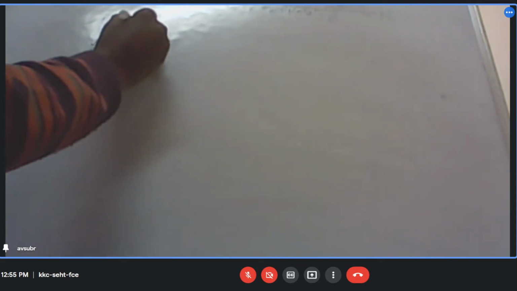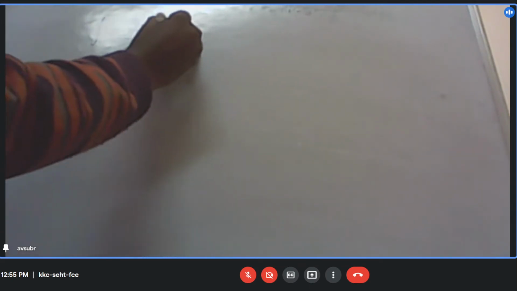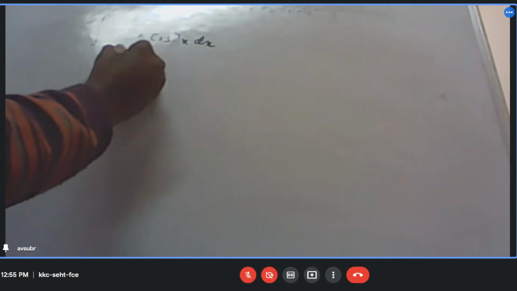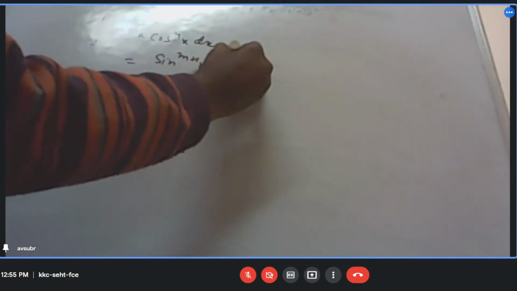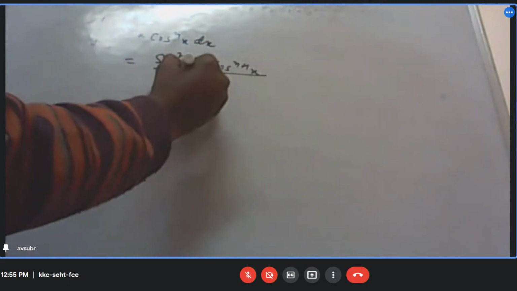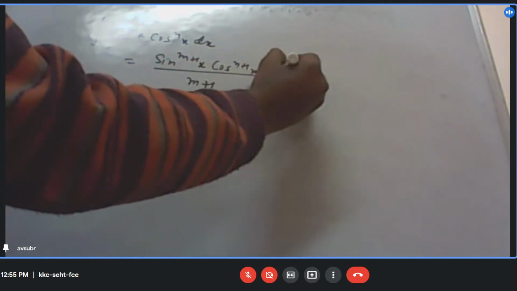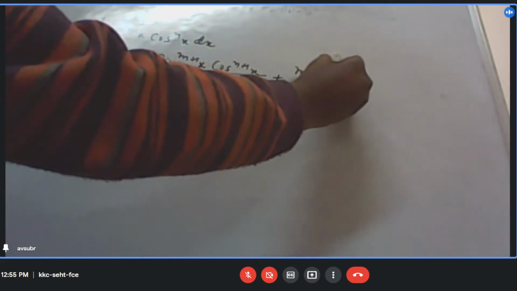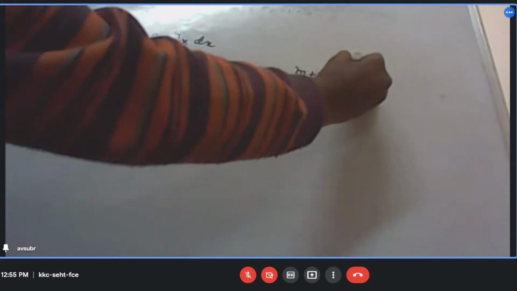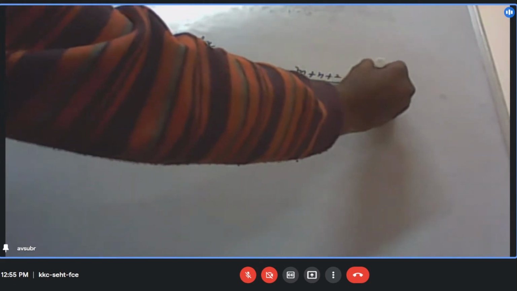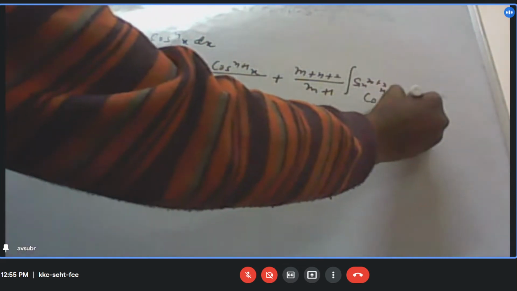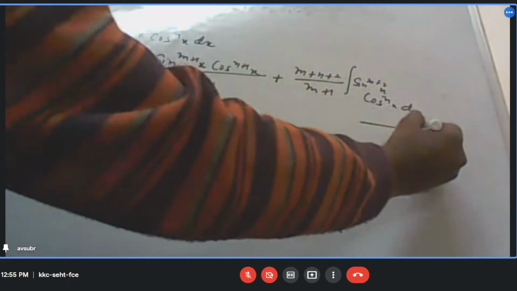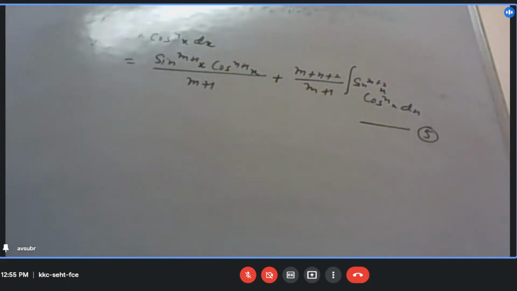Then the integral of sin to the power m x cos to the power n x dx is equal to sin to the power m plus 1 x cos to the power n plus 1 x by m plus 1, plus m plus n plus 2 by m plus 1 into the integral of sin to the power m plus 2 x into cos to the power n x dx. This is another form, let us say the fifth form.